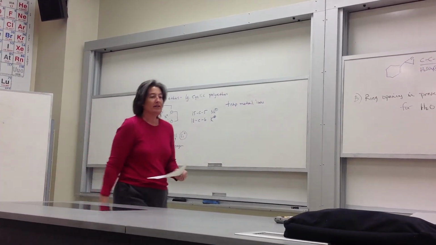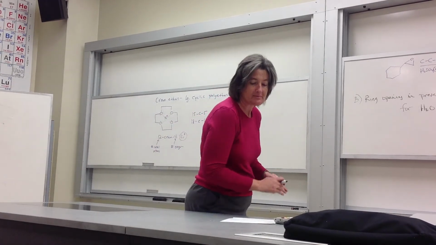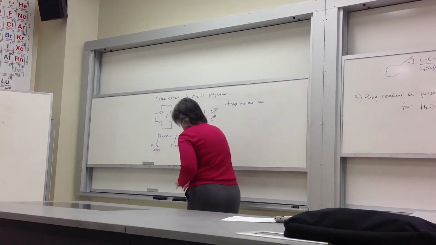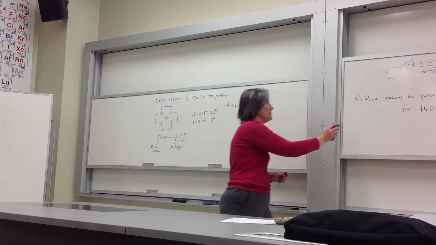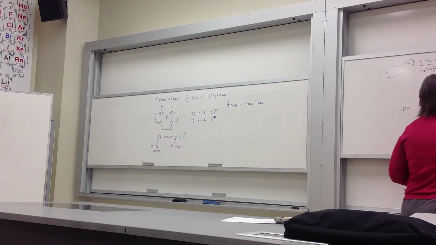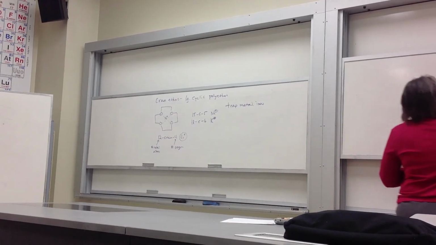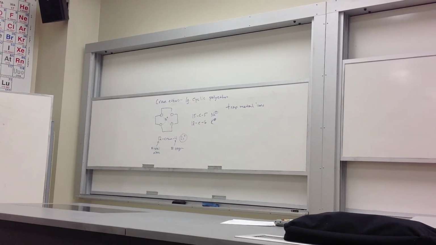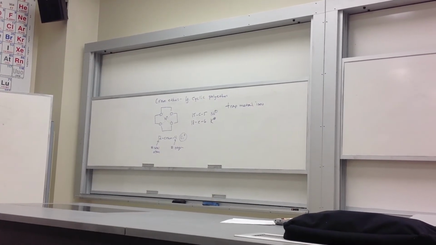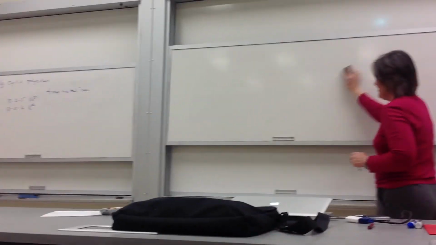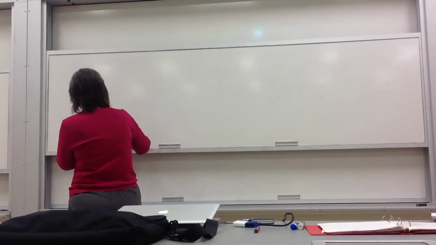Now, an example of where it can help you. I used it in my research. I was doing a reaction where I had a starting material that took me about a month to make. It was tedious. And it looked like this.